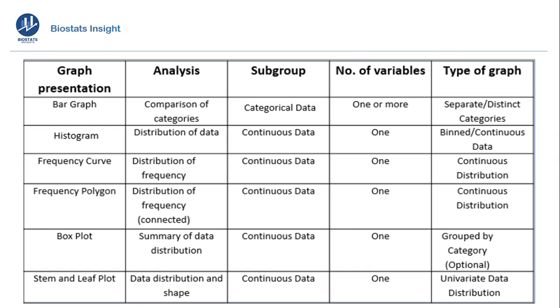The box plot provides you a summary of data distribution, with continuous data, one variable, and the type of graph is grouped by categories. The stem and leaf plot gives you the data distribution in shape. The data should be on a continuous scale, the number of variables is 1, and it is a univariate data distribution.